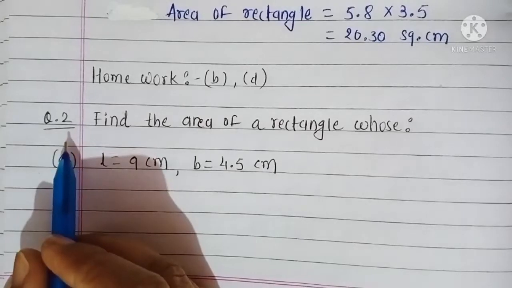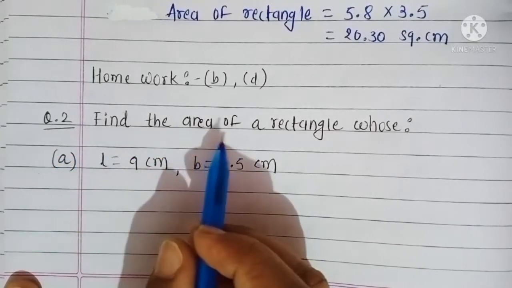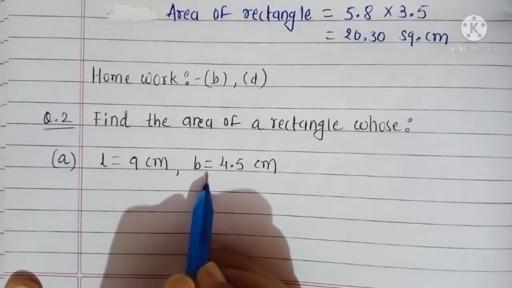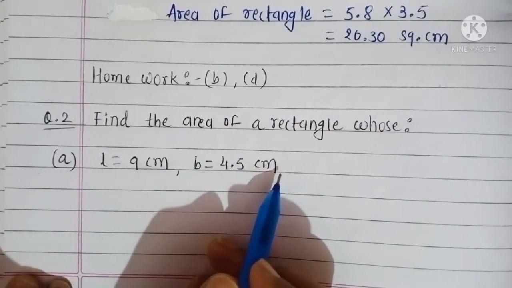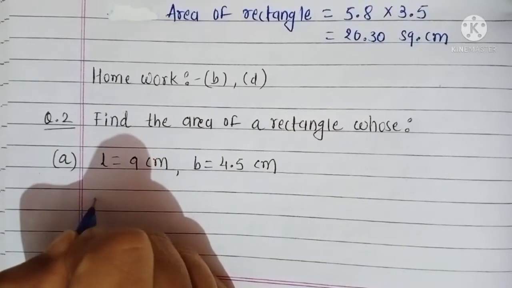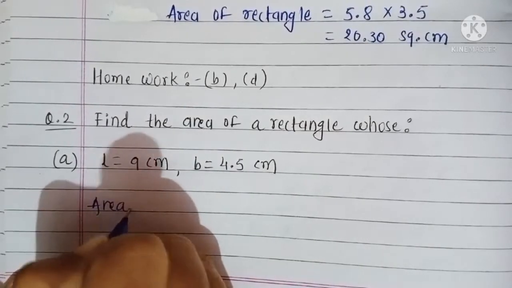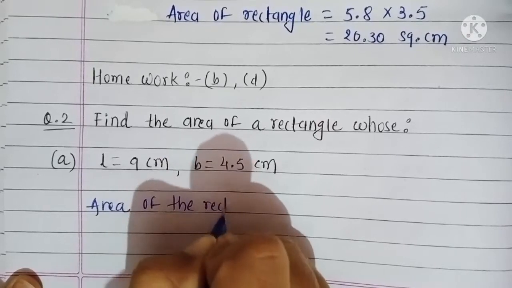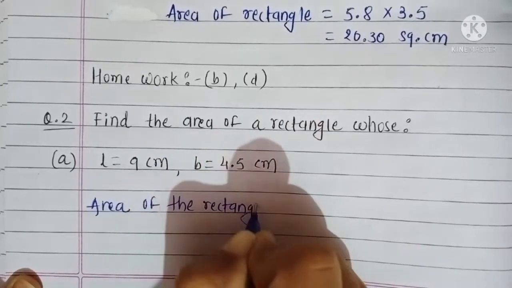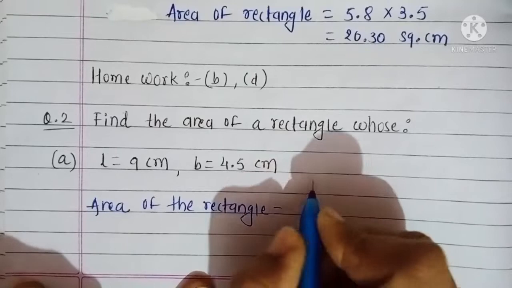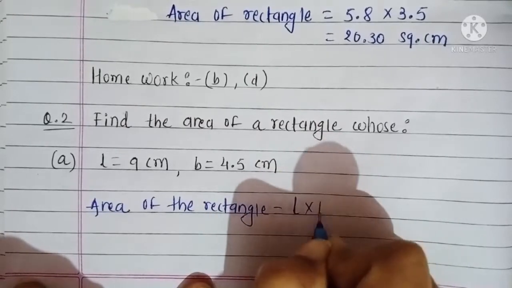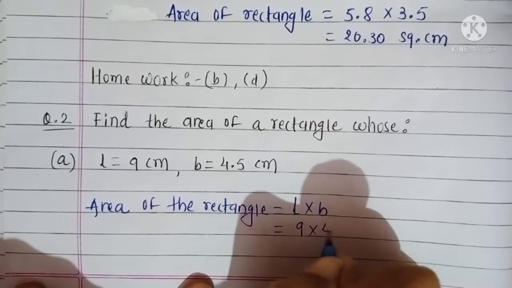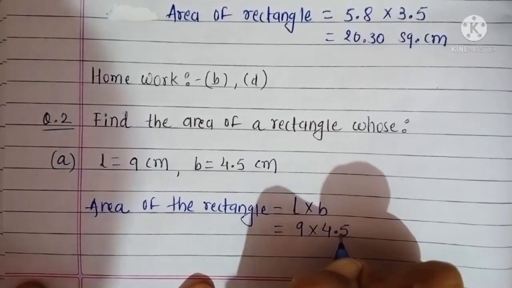Next, question number 2. Find the area of a rectangle whose length is equal to 9 cm and breadth is equal to 4.5 cm. So, area of the rectangle is equal to length multiplied by breadth. This is equal to 9 multiplied by 4.5.